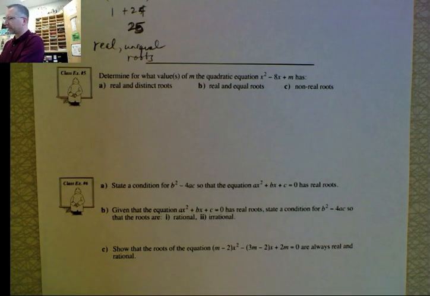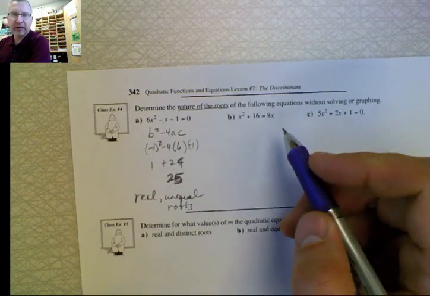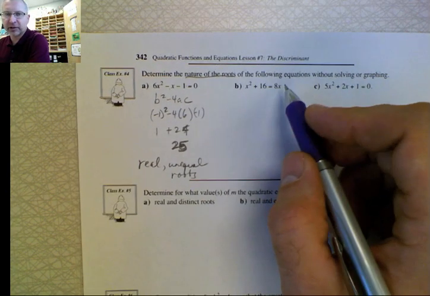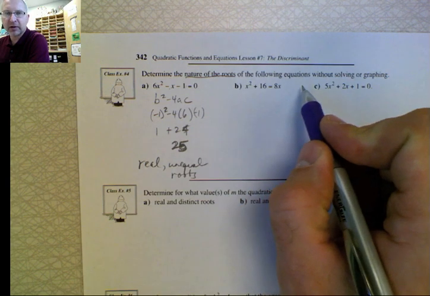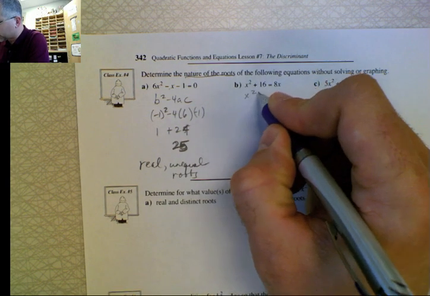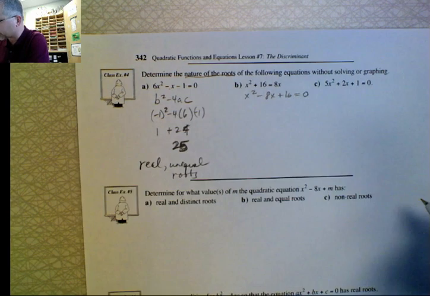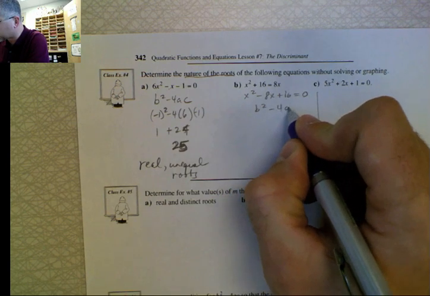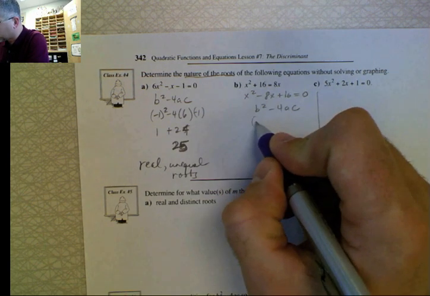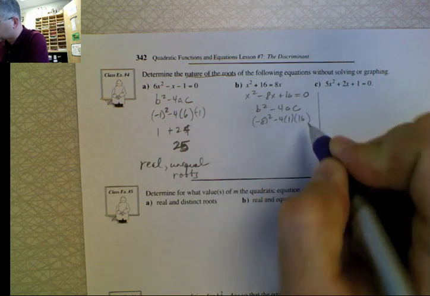The next situation, before we can actually figure out the discriminant here, we have to rearrange the equation. We have to bring the 8x over to the left-hand side and make this quadratic equal to 0. So we get x squared minus 8x plus 16 equals 0. In this case, if we use b squared minus 4ac, we get negative 8 squared minus 4 times 1 times 16.